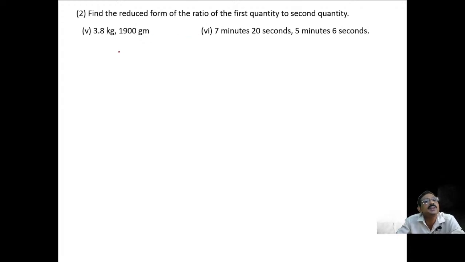We have the fifth sum as 3.8 kg and 1900 grams. As we have seen yesterday in our session, both these quantities have to be the same, then only we can take it in the ratio form and then reduce this. So to reduce this, let us first convert this into the similar quantity. So let us start this sum.